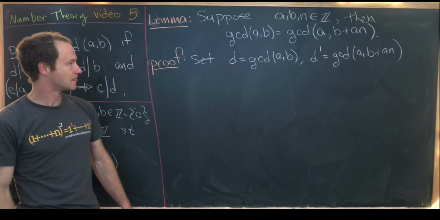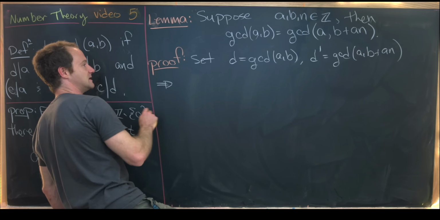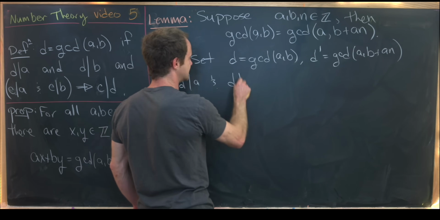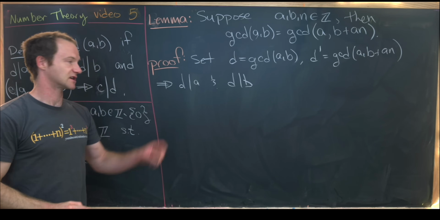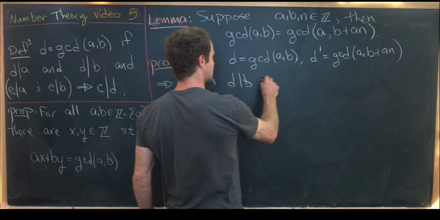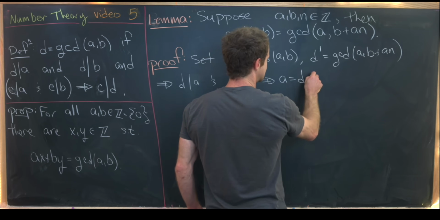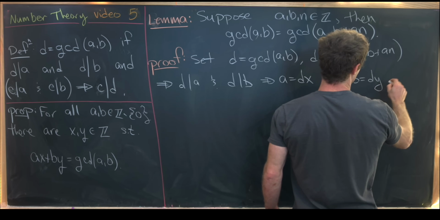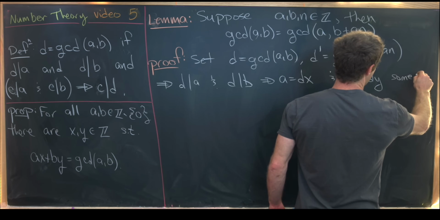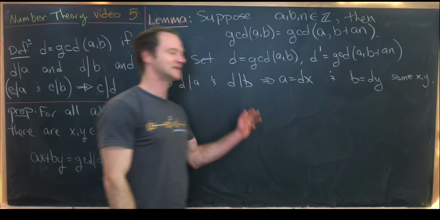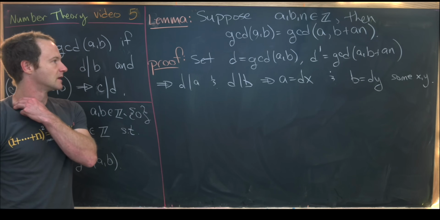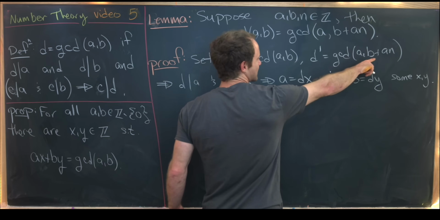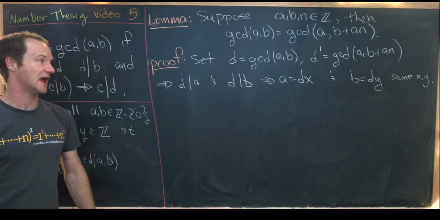Okay, great. But notice that means that d divides a and d divides b because it's a common divisor of a and b. But that means that a equals d times x and b equals d times y for some integers x and y. That's the definition of divisibility. Okay, so now where can we go from there? We probably want to look at something of this form, b plus an.